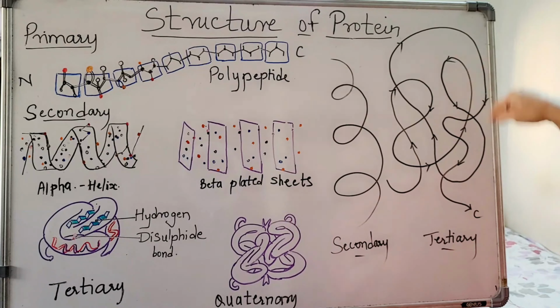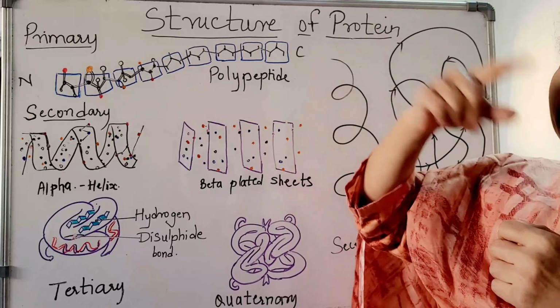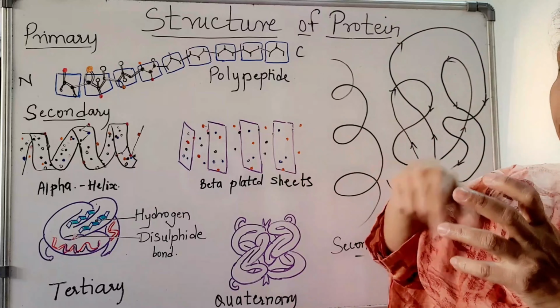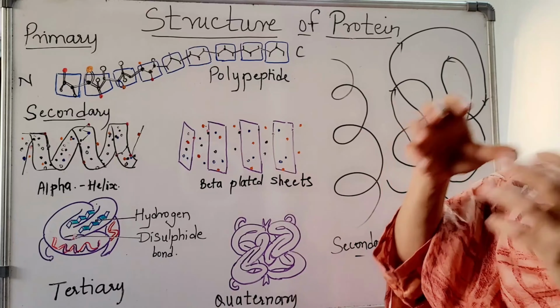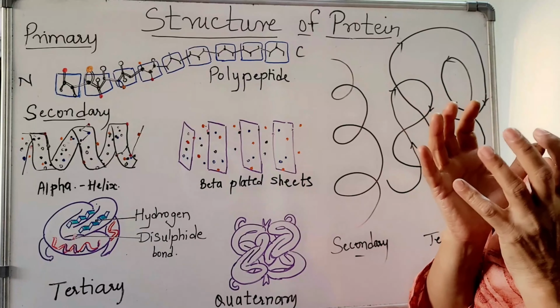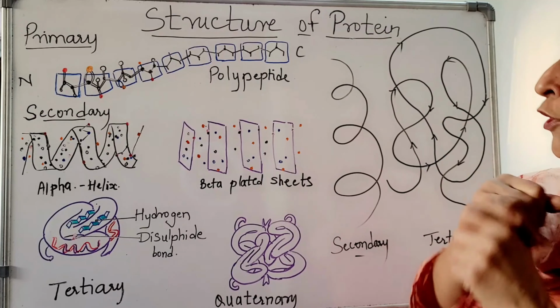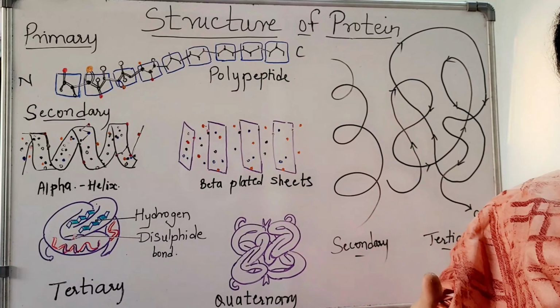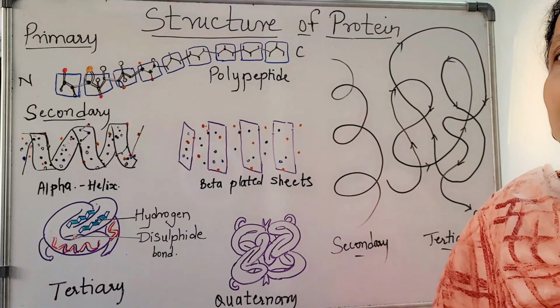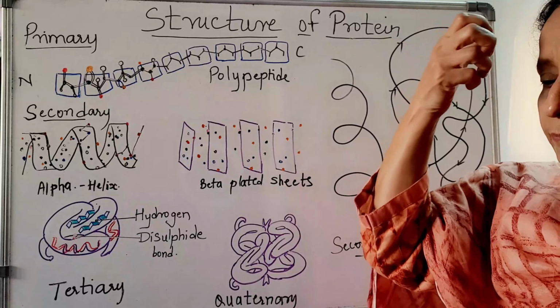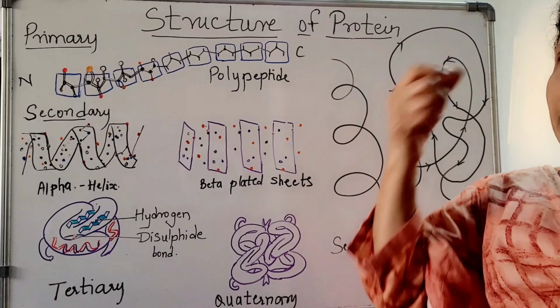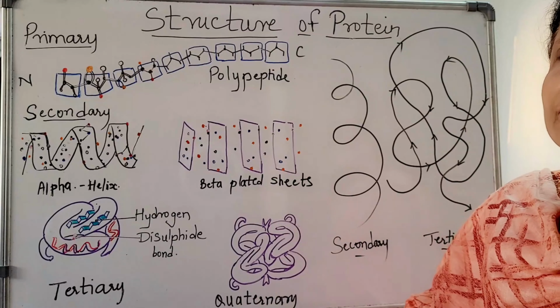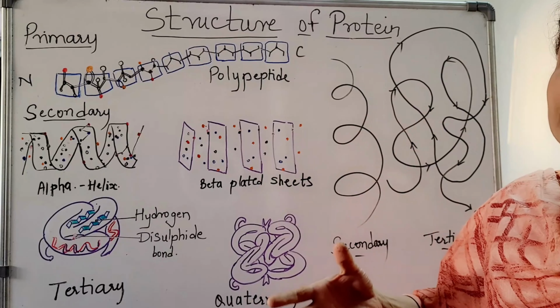There are many threads which are entangled and formed in a structure to form a tertiary structure. So this is how the different types of proteins, we all are formed by proteins. They perform complex functions, they have complex structure.